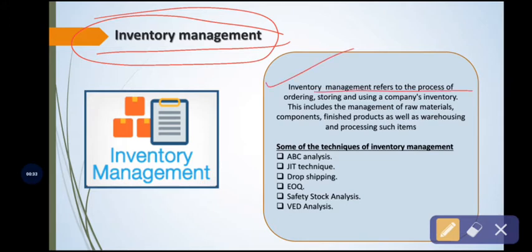Inventory management refers to the process of ordering, storing and using of such inventory in the company production process. So, the company inventory includes the management of raw materials, whether it is opening or closing, management of different components and management of finished goods, as well as warehousing or storing of those products or raw materials, and processing of the same items in the production process.